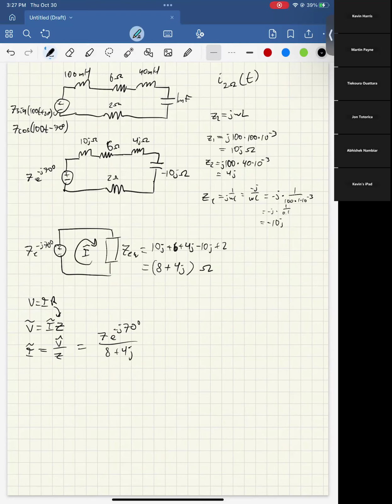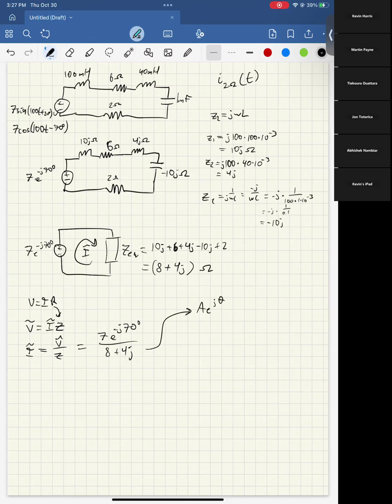Now, how do you do this? Well, you can either plug it into your calculator. If you look at the video that I posted on how to do that, make sure you do it correctly. Or if you want to do this the good way, which I think you're supposed to do on your quiz anyway, just to show understanding, we're going to turn this into an e to the j theta form.